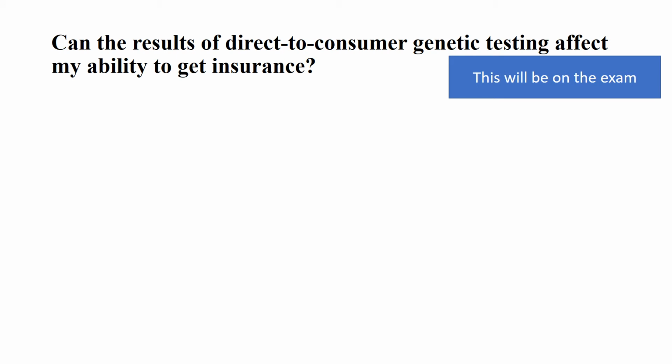Now the question is whether insurance companies can use these genetic testing results to select their customers. Okay, so can the results of this direct-to-customer genetic testing affect the customer's ability to get insurance?